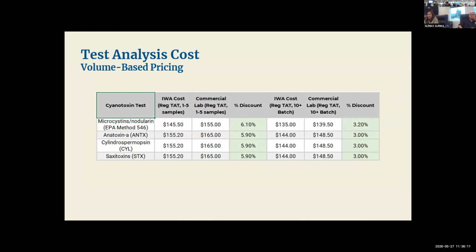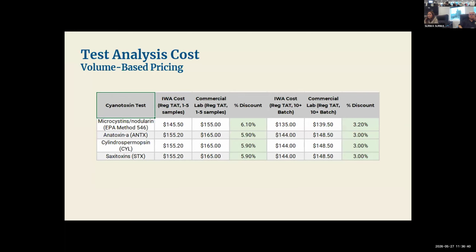We also wanted to share how we compare to standard labs. Because we specialize in cyanotoxins, we can offer a clear cost advantage. For instance, standard labs charge $165 for a single test of anatoxin A. Our rate is $155.20, saving about 6% per sample.